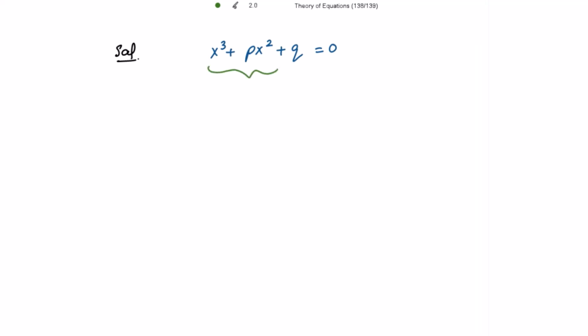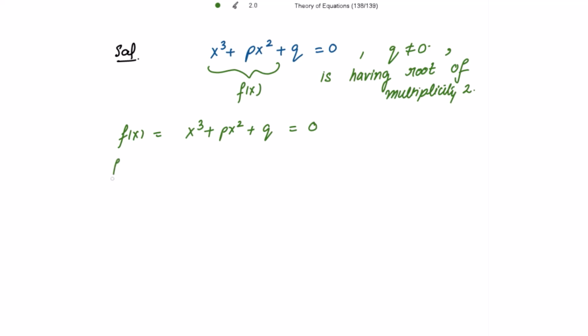Let's consider this equation to be f of x, a cubic equation where q is non-zero. So f of x is equal to x³ plus px² plus q equal to 0. Right? And this equation is also having a root of multiplicity 2.